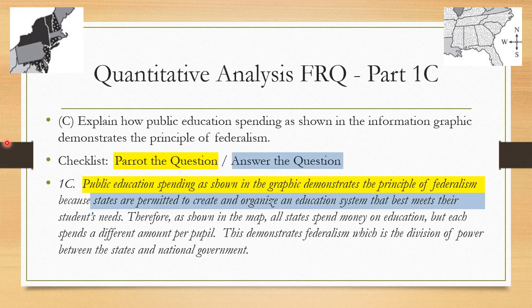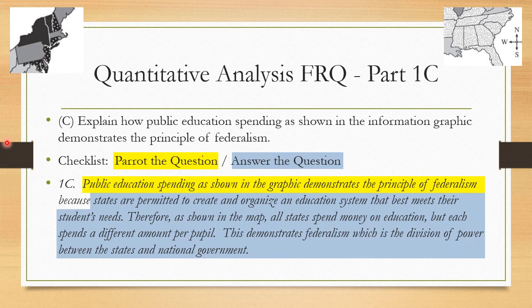Now we're going to answer the question. States are permitted to create and organize an education system that best meets their students' needs. Therefore, as shown in the map, all states spend money on education, but each spends a different amount per pupil. This demonstrates federalism, which is the division of power between the states and national government.